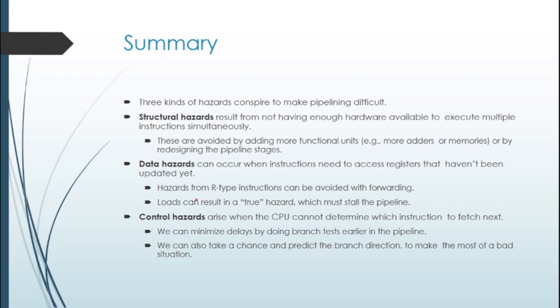Then we have control hazards, that is branch hazards, where the next instruction to be fetched needs to be determined properly. For branch instructions, we can do different types of prediction to make it work better. So these are the different cases for hazards. That's the wrap.